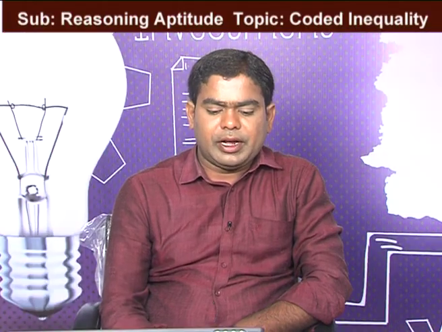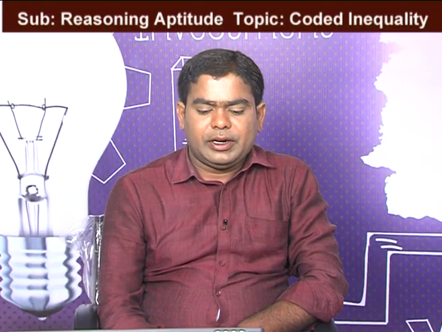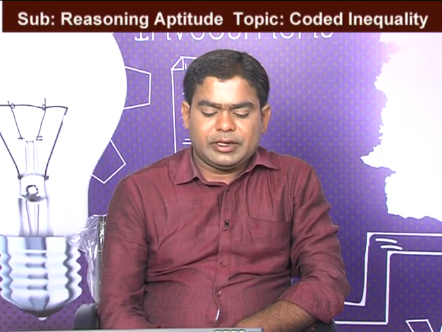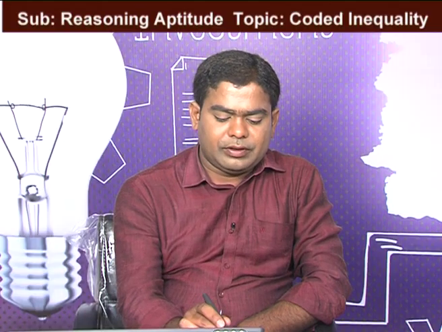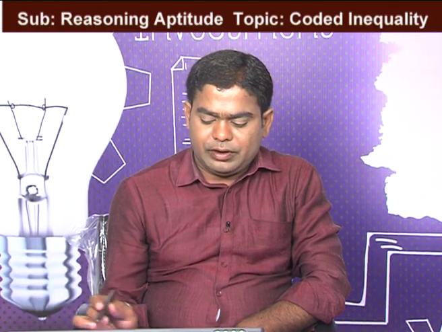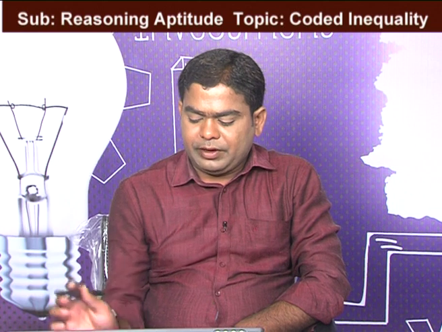Next question is B dollar K, Z delta B, T nabla Z, T dollar K, Z percentage K. So we solve the question. First of all we apply the symbols for the given question.